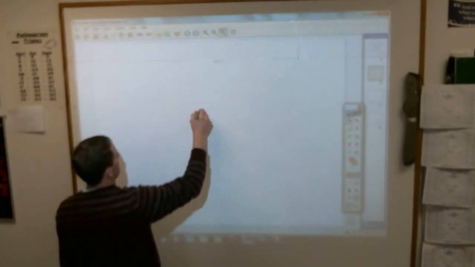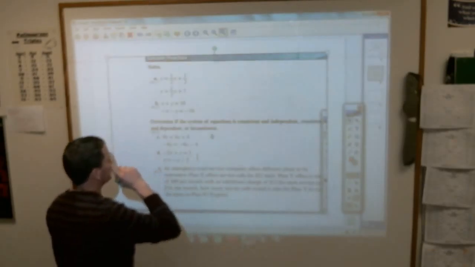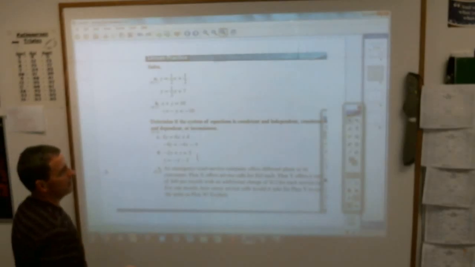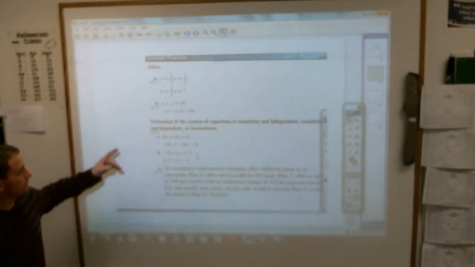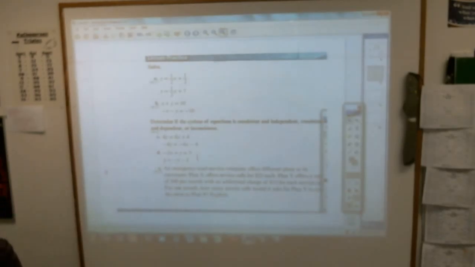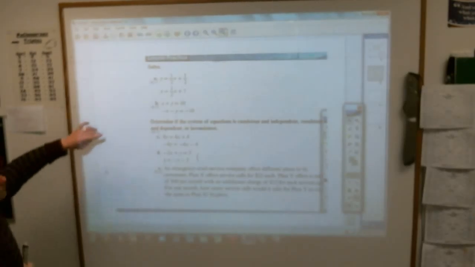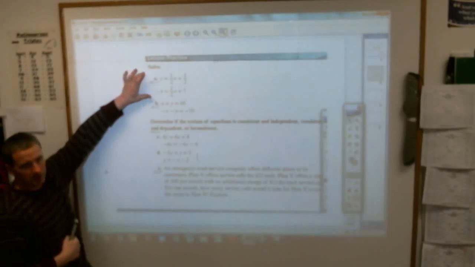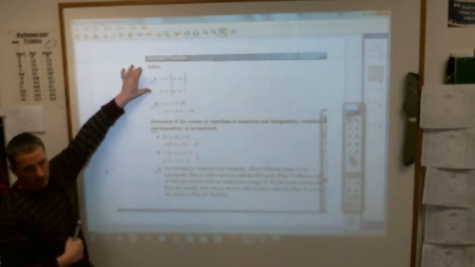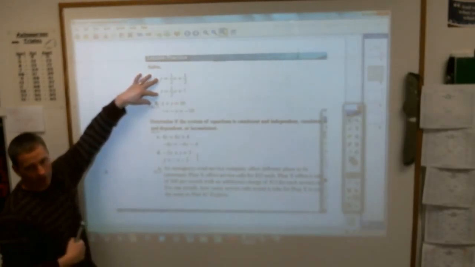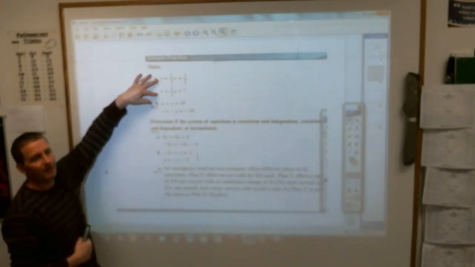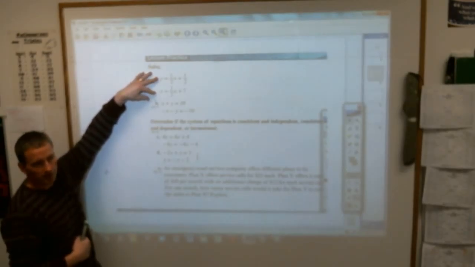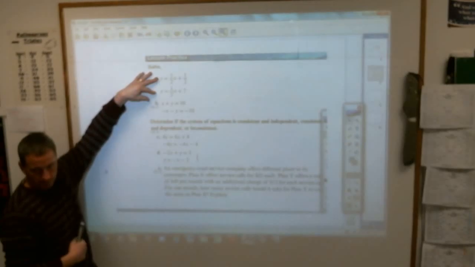And this is how easy this is, people. This is the practice from your book. It says solve. Before you even graph two lines, what do you notice about these two lines and their slope?